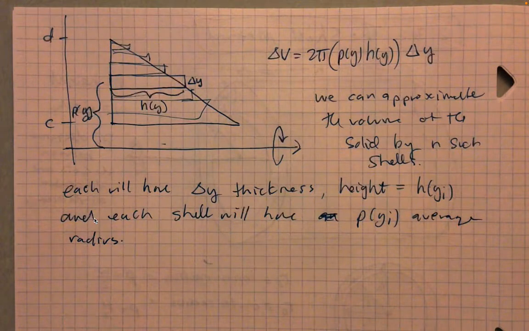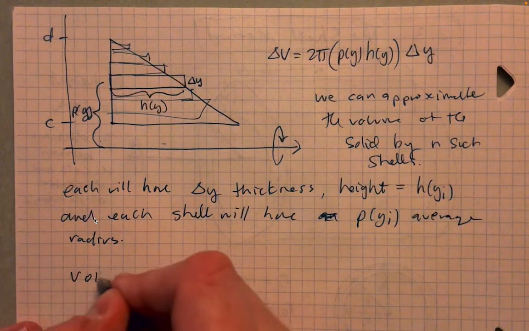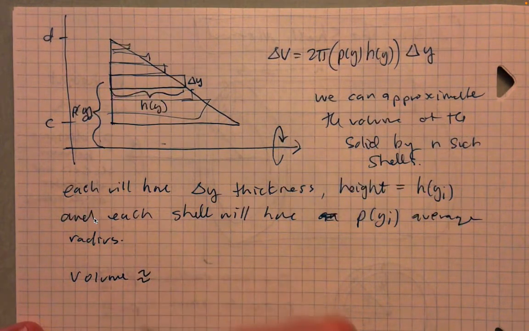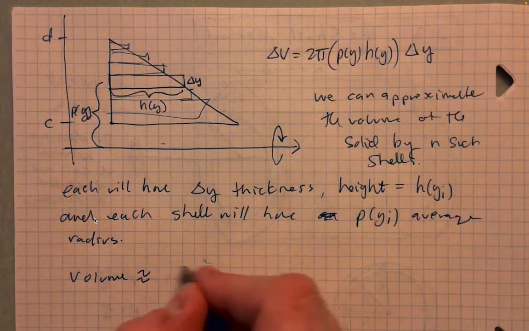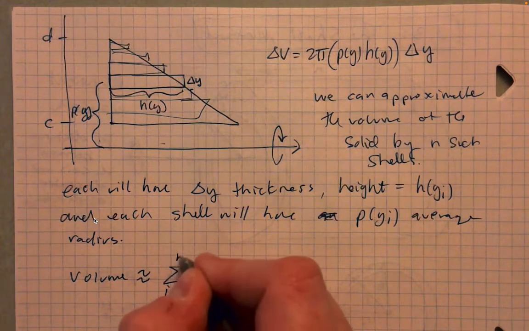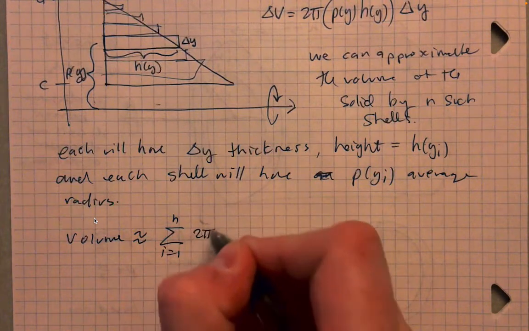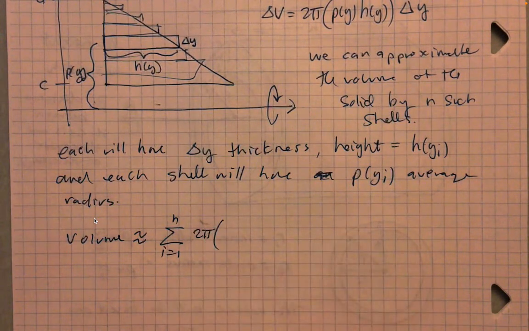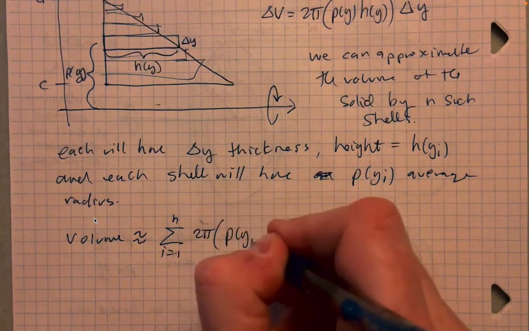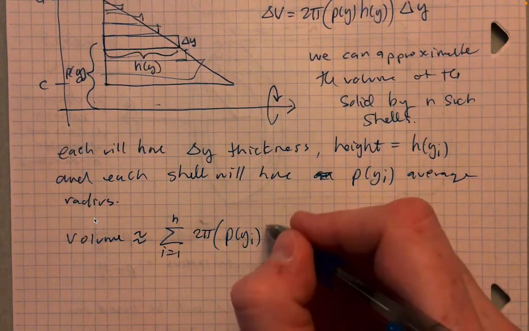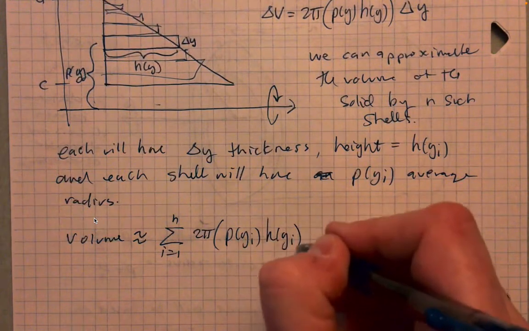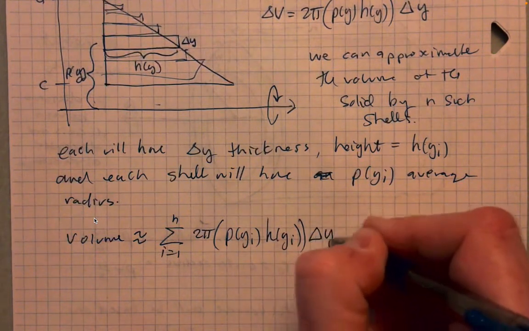So if we were to take n of these shells, how would we sum them up? How could we write this? So we'd say the volume is approximately equal to the sum, i equals 1 to n, so n different shells. And then we're going to have that 2 pi in there, and then a p of yi times an h of yi times a delta y.